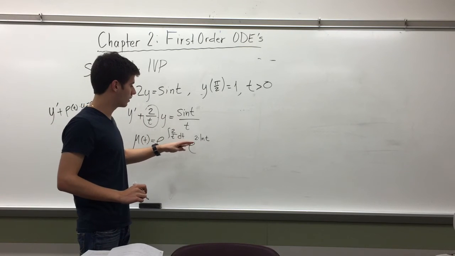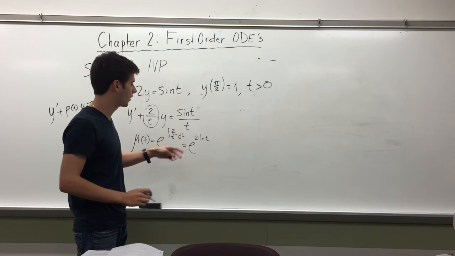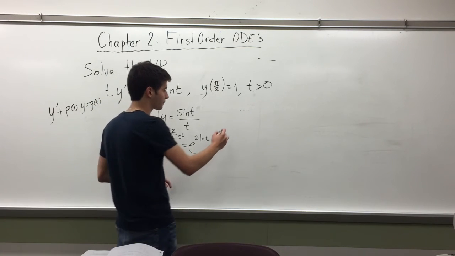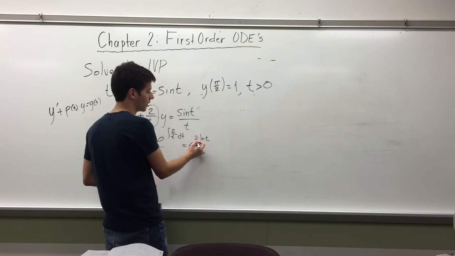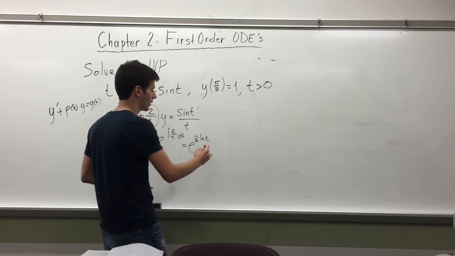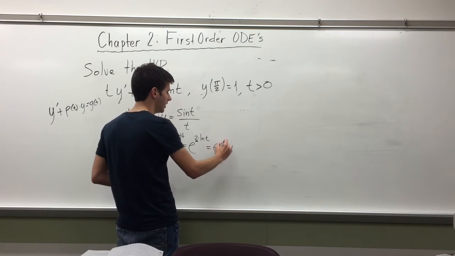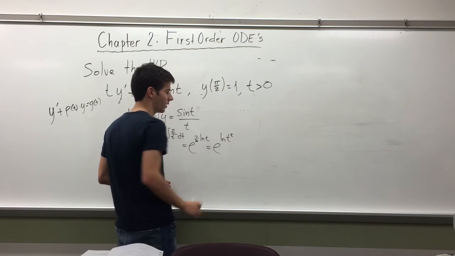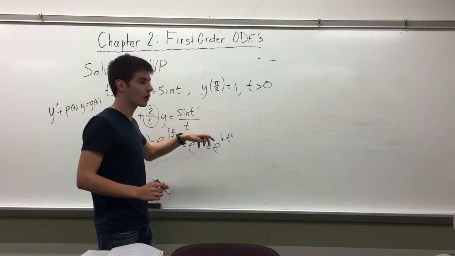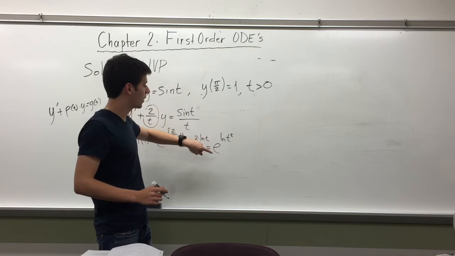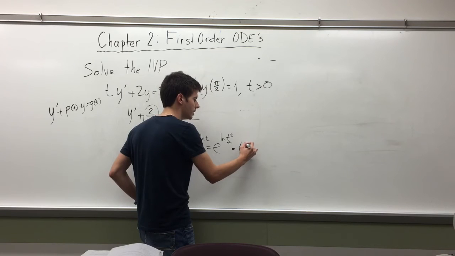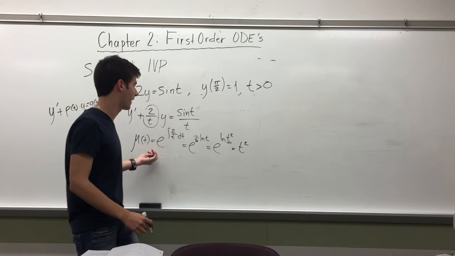Using rules of exponents and logarithms, if you have something multiplied by the logarithm, you can rewrite it as a power of the argument. So you can rewrite this as e to the ln of t squared, right? And also e and ln undo each other. So if you have e to the power of ln, you're just left with the argument, which is t squared. So this is our integrating factor.